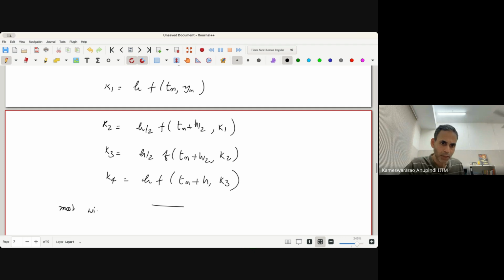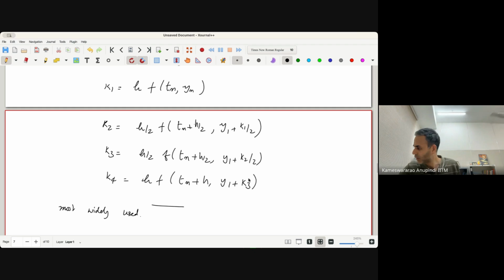The most widely used method. Let me just check my coefficients. It should be y_n plus k1 by 2, y_n plus k2 by 2, and then y_n plus k3, with t_n plus h by 2 in the first two and t_n plus h in the last.